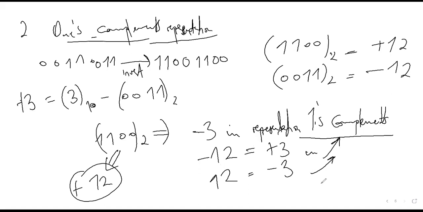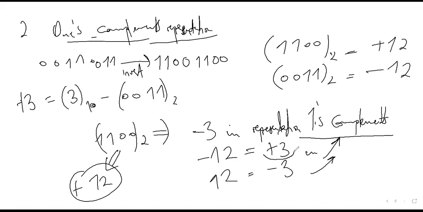The confusion between representations of numbers. You need to know the type of representation you are using. If you fail to identify the type of representation you are using, then it will be confusion all over the place. So if you're using one's complement, what is negative 12?